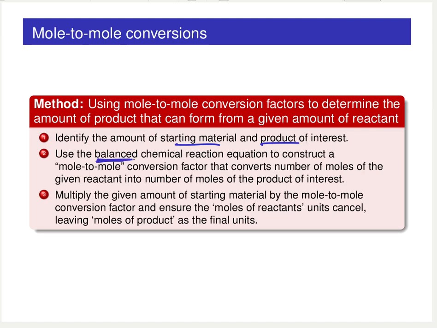The key word here is balanced. If you do not have a balanced chemical reaction equation, then that mole-to-mole conversion factor that allows you to convert from reactant to product will be incorrect. So make sure it's balanced, and then you can read off those coefficients to get that mole-to-mole conversion factor. And then lastly, you can carry out the steps and do the math.